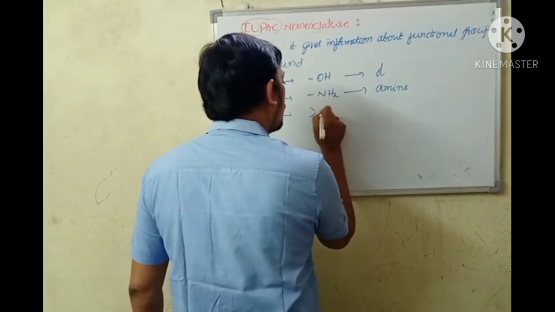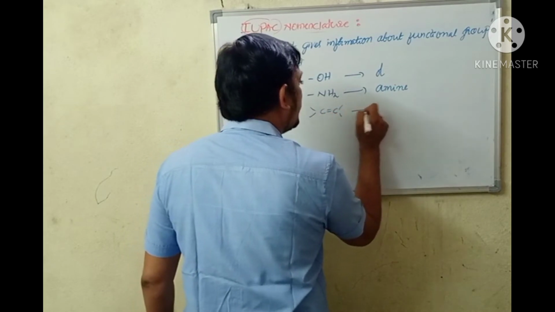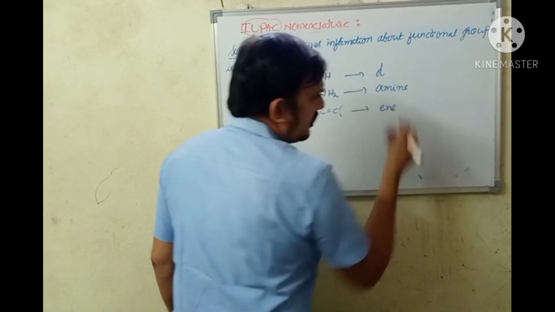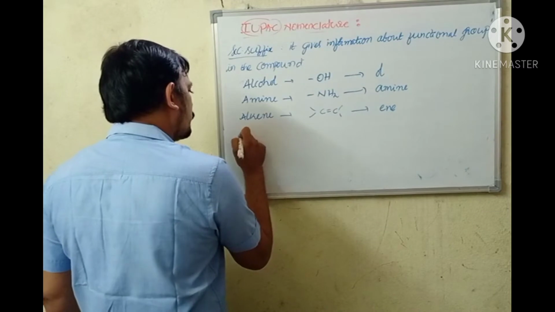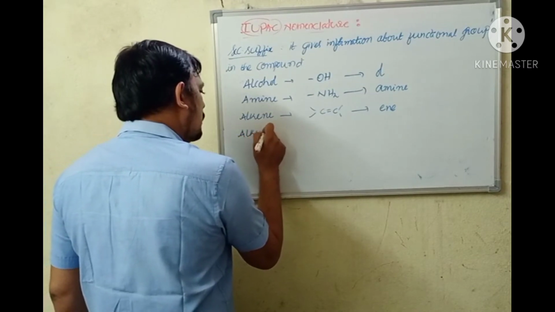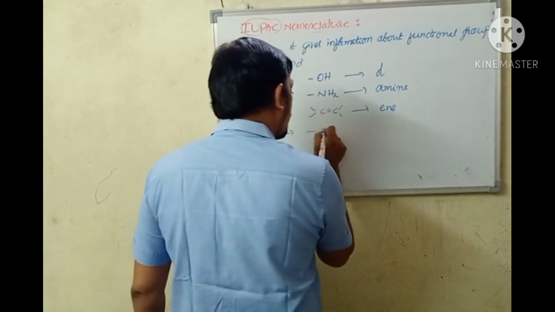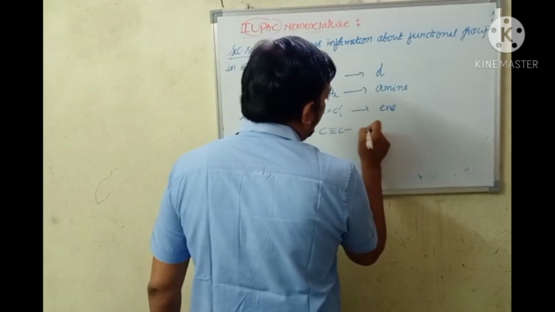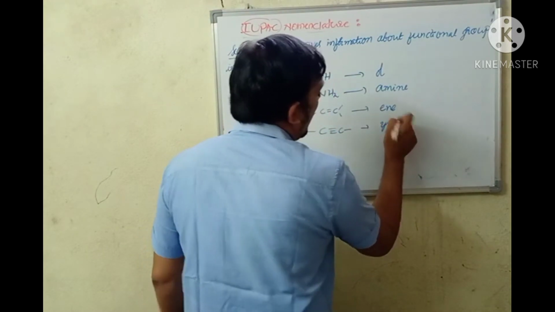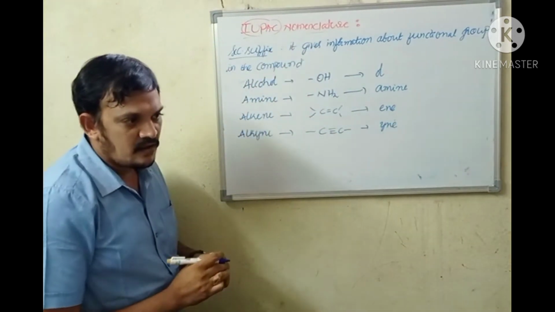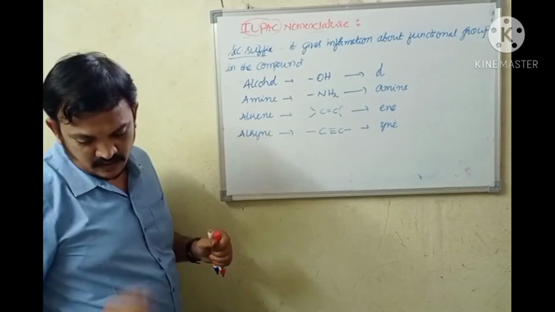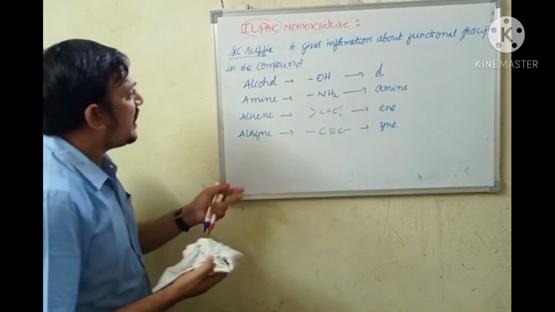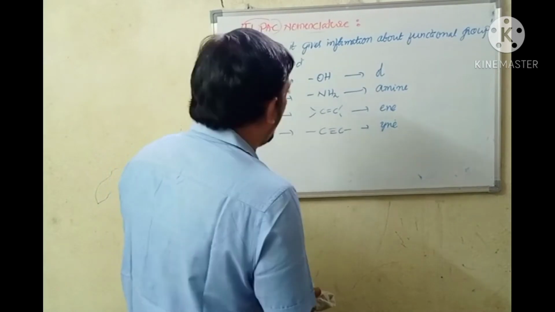Alkene, C double bond C, already you know, ene. Alkyne, C triple bond C, is given suffix yne. Okay, these are the parts in the IUPAC name of a compound.